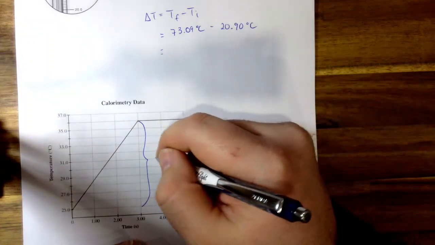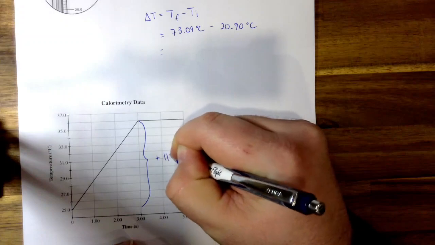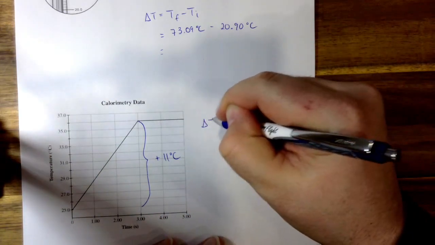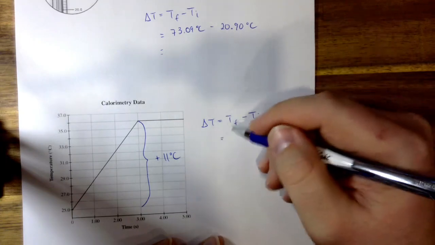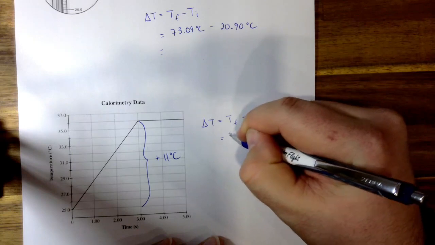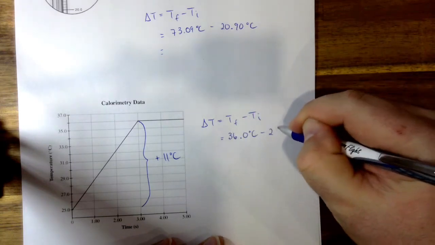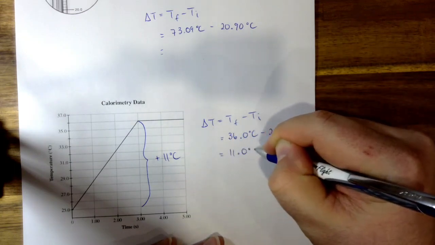And I can see that my temperature change from 25 to 36 is a change of positive 11 degrees Celsius. Or I can do the math, TF minus TI, and my final is 36.0 degrees Celsius minus 25.0 degrees Celsius is 11.0 degrees Celsius.